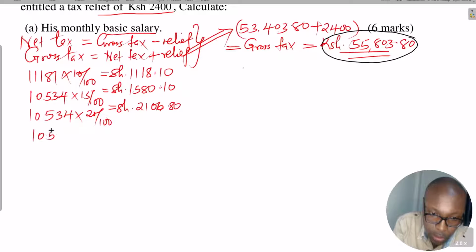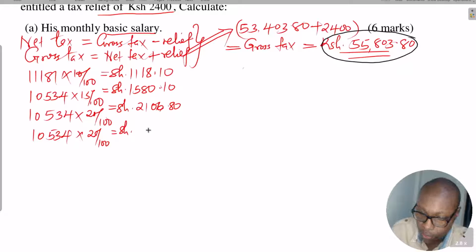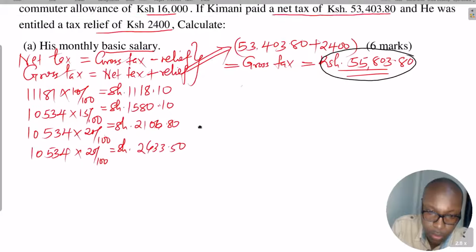So 10,534 multiplied by the tax rate there, which is 25%. So multiply this 10,534 times 25 divided by 100, and this will give 2633 and 50 cents. So you can see now we have gone through all the bands.